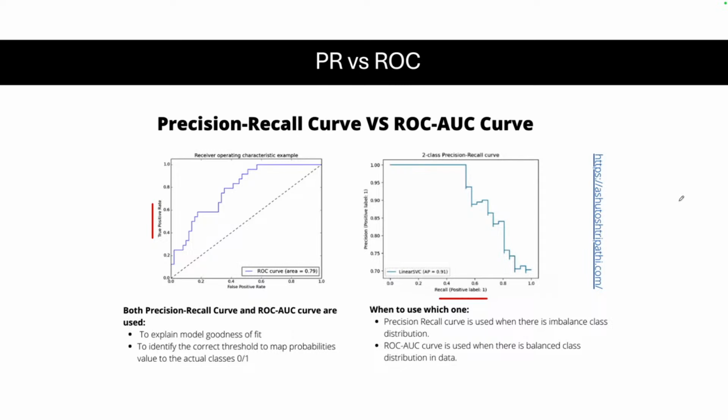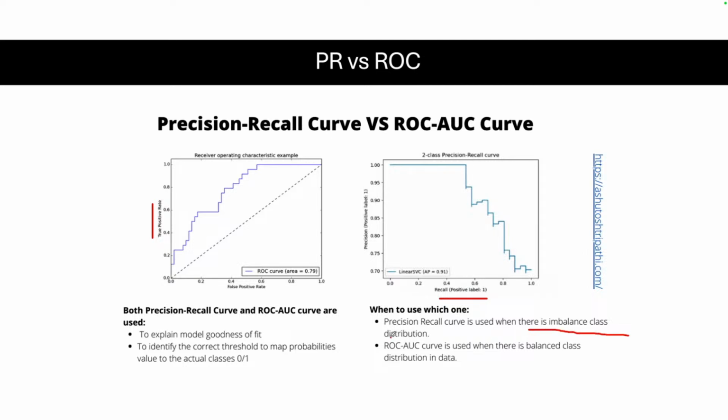So precision versus recall. When do we use which one? Or the precision recall curve, the PR curve, versus the ROC curve. When do we use each one? Over here on the right, we have the receiver operator characteristic, ROC curve, and over here we have the precision recall curve. The precision recall curve will serve you better when you have class imbalance.